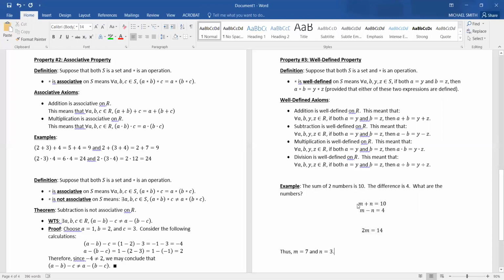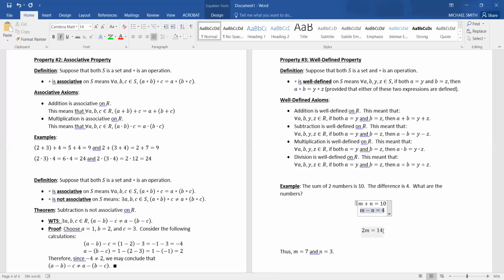Well, pretend this m plus n is A and the 10 is Y. The m minus n is B and the 4 is Z. So A, B, Y, Z. We have that A equals Y. We have that B equals Z. And the fact that addition is well defined says that A plus B equals Y plus Z. Or in other words, that 2m equals 14.